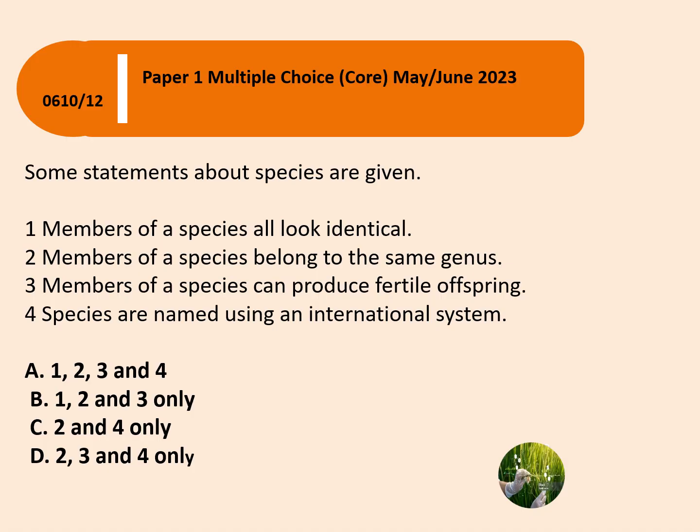Then the fourth one is species are named using an international system. That is also true because internationally, worldwide, all scientists use the same name for a particular species. So 2, 3 and 4 are true. Therefore, the answer is D, where 2, 3 and 4 only.